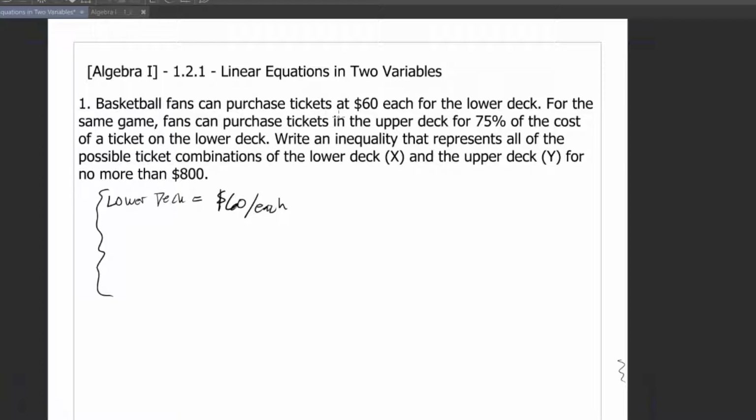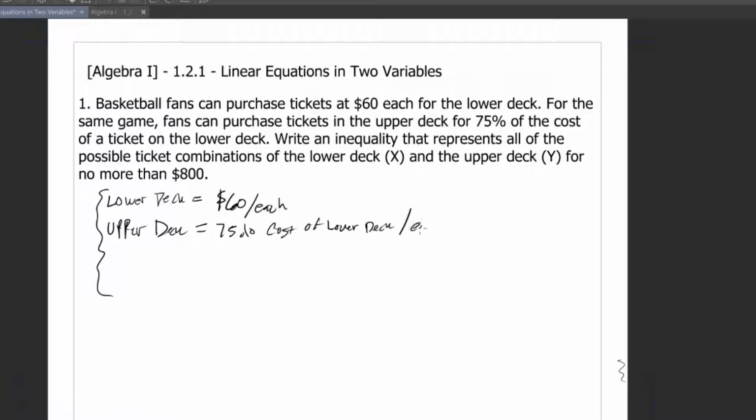Basketball fans can purchase tickets at $60 each for the lower deck. For the same game, fans can purchase tickets in the upper deck for 75% of the cost of a ticket on the lower deck, right? So upper deck equals 75% of the cost of lower deck.